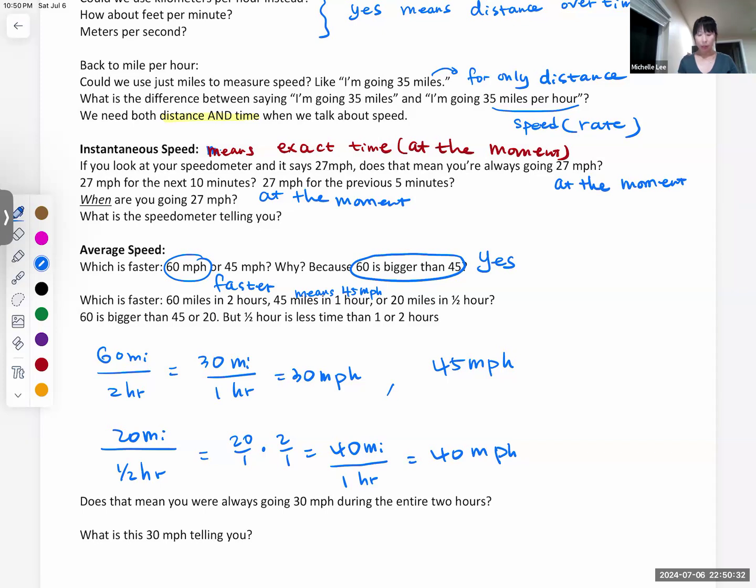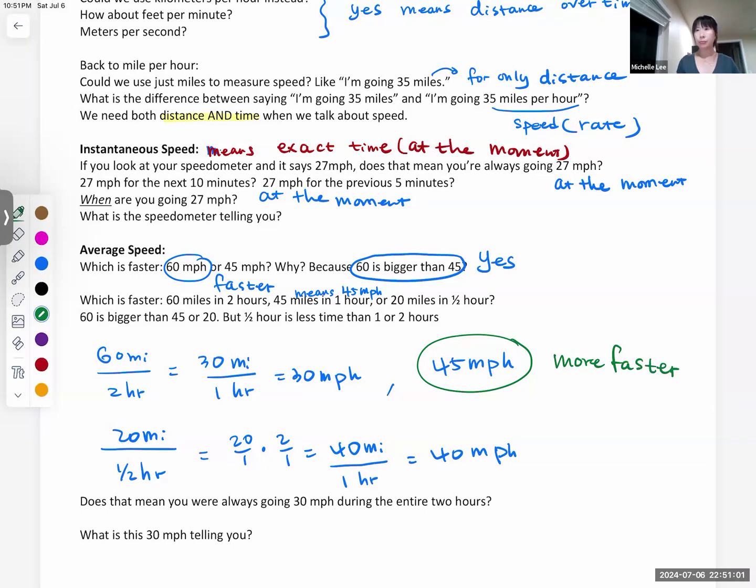Then we can see that 40 miles per hour is faster.